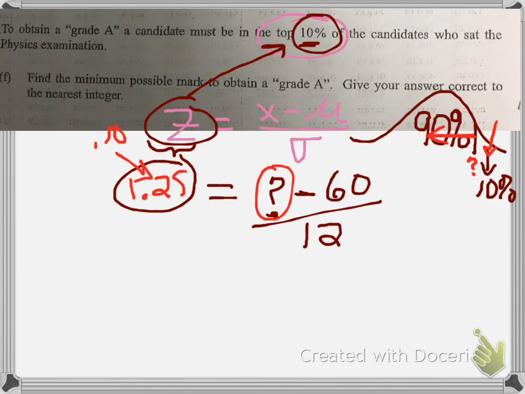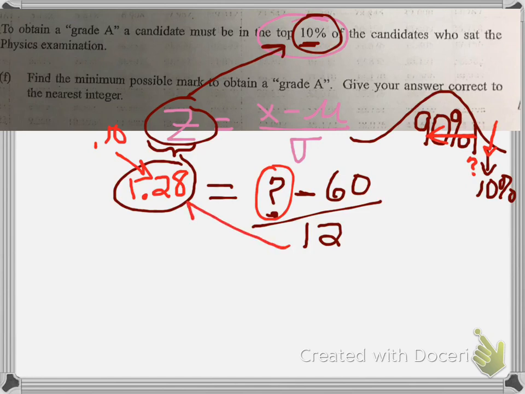As far as IB is concerned, this is as hard as it gets. In AP statistics, it builds on this little formula, but in IB math studies, this is kind of the end of the road, or the highest skill that you can possibly demonstrate.